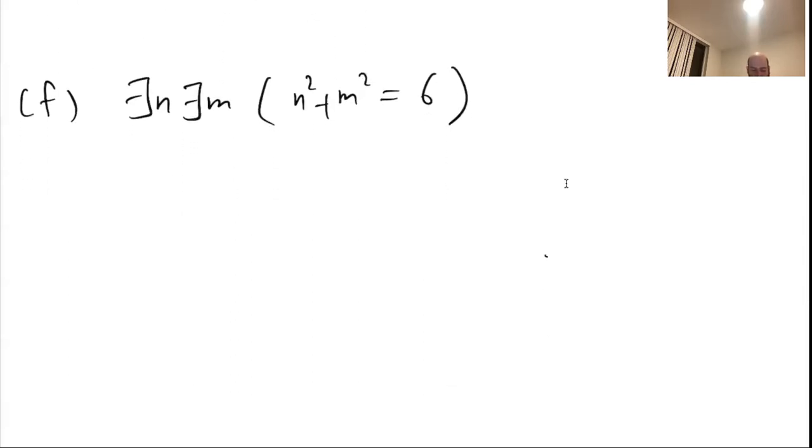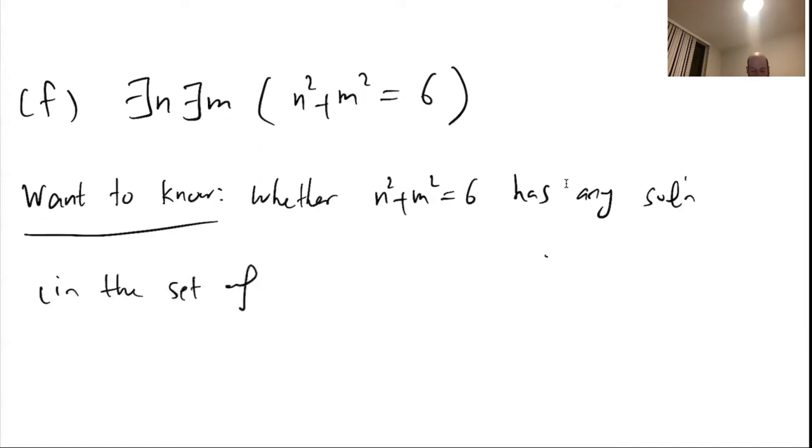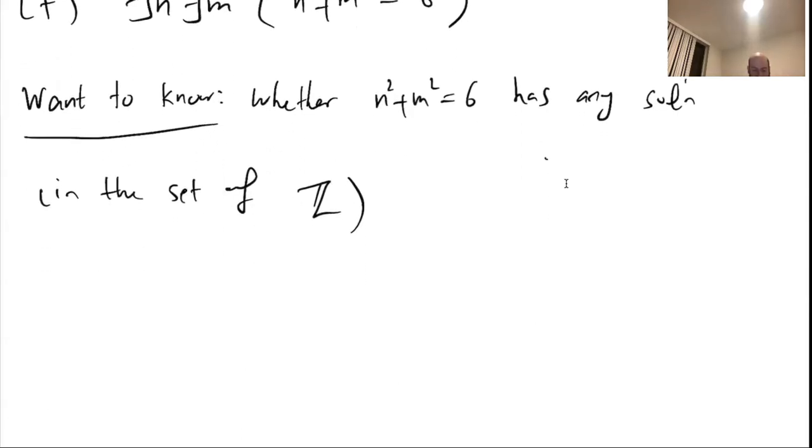Okay, so here we want to know whether n squared plus m squared equals 6 has any solution in the set of integers Z.